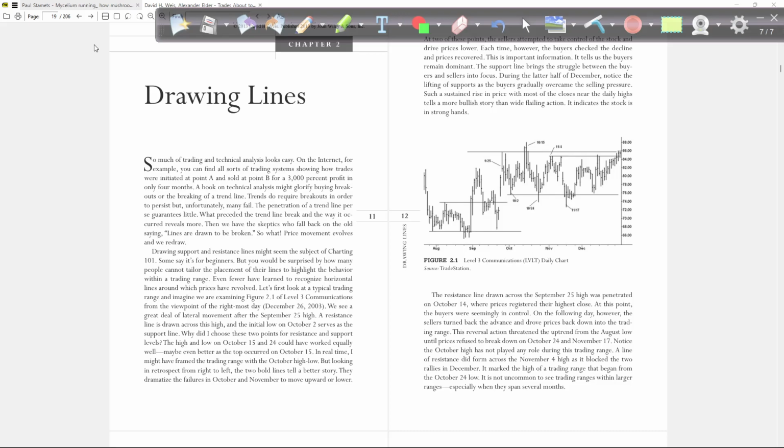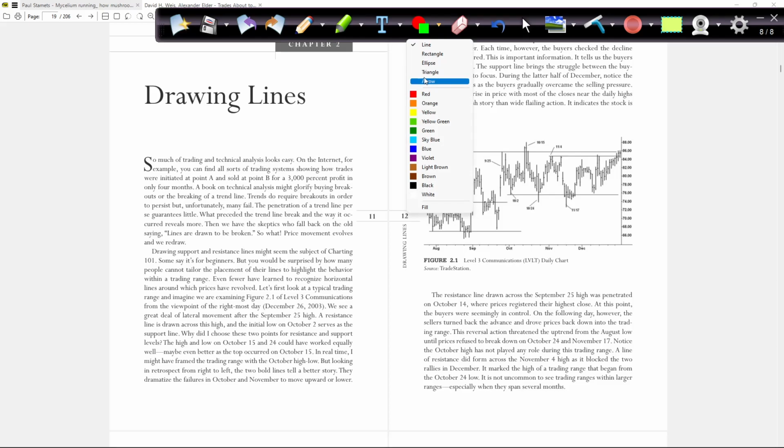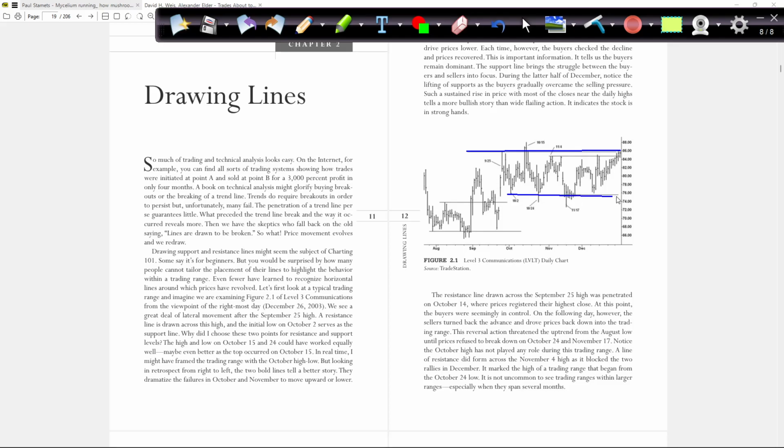So what we have here is our resistance line and our support line.